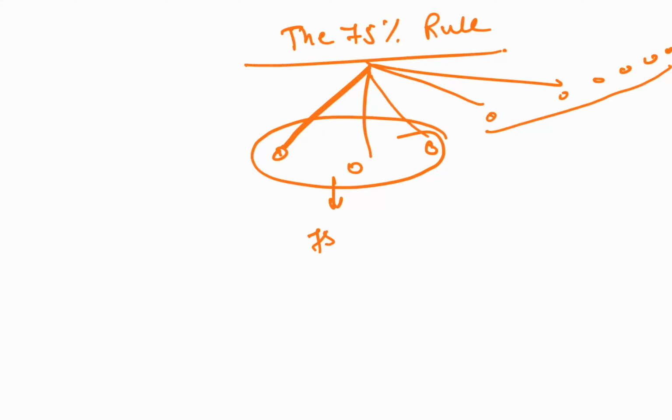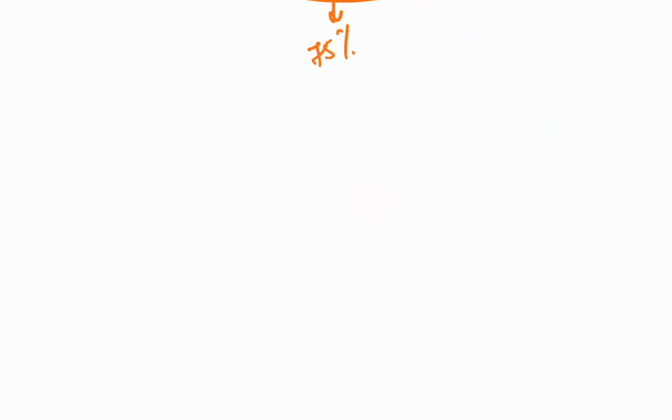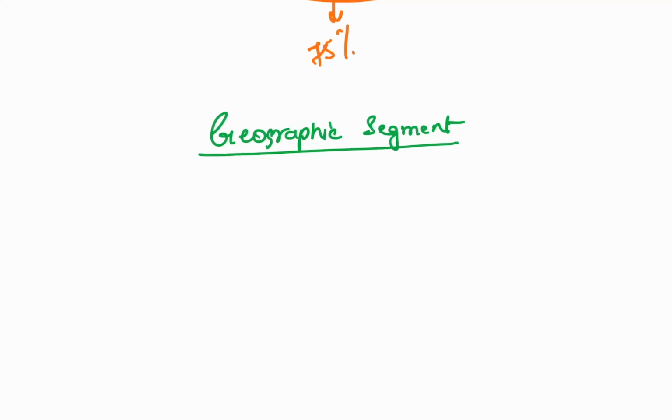Now we have the geographic segment. Sometimes businesses are separated by region instead of business type. Take McDonald's: they are selling the same burger.